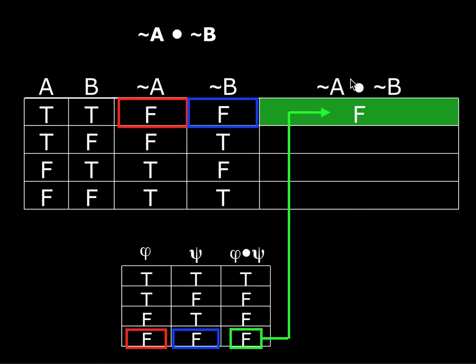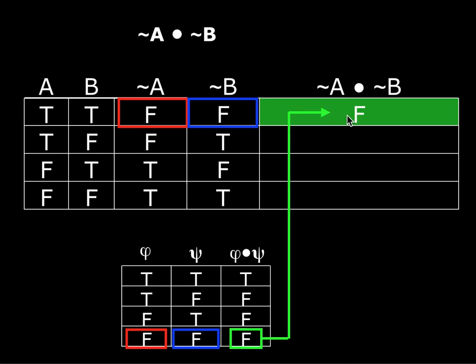What are the inputs? Well, the first conjunct and the second conjunct are here. And I'm outlining them in red and blue for purposes of this video. I mean, you wouldn't obviously do that when you're doing a truth table, but I just want to make it clear. And then I just look for that pattern down here in this function. First conjunct false, second conjunct false. What does it say the output is? Well, the output's false. So that's what I put in this row, is false.